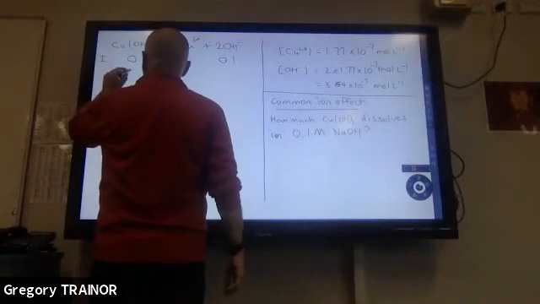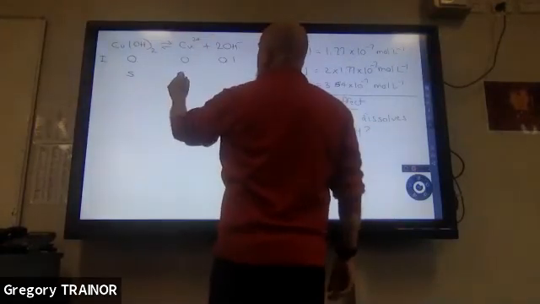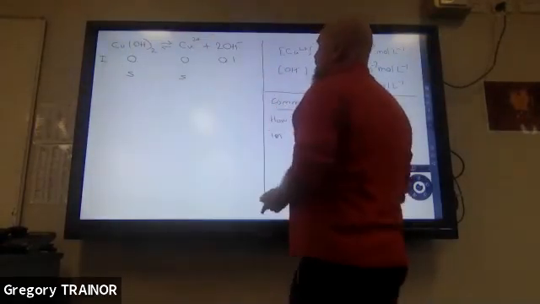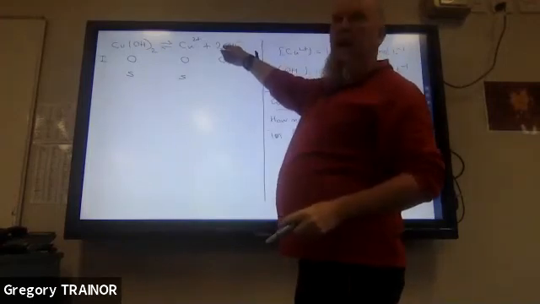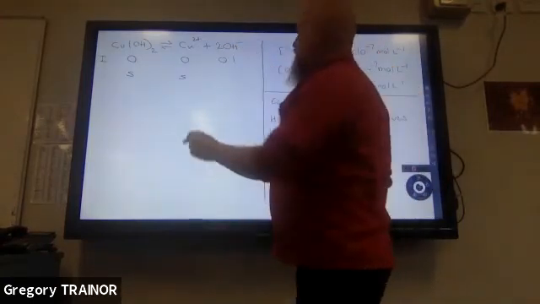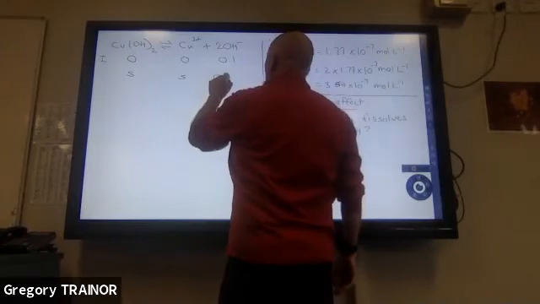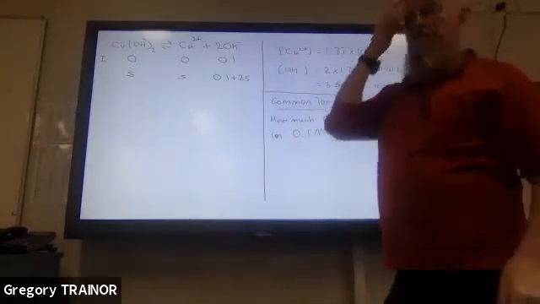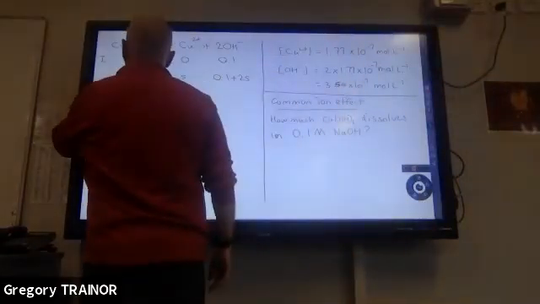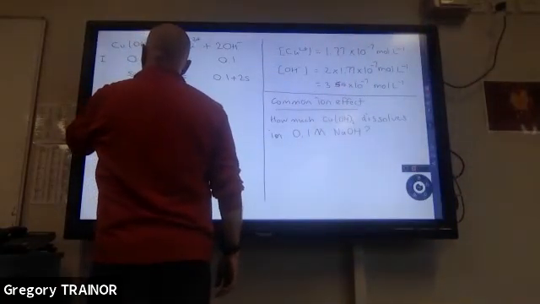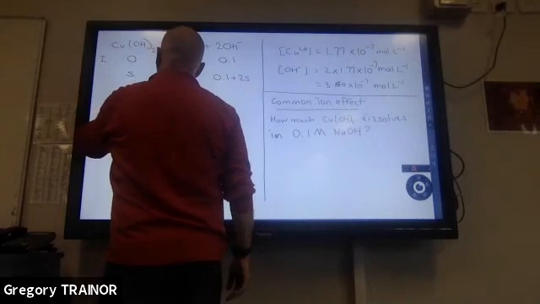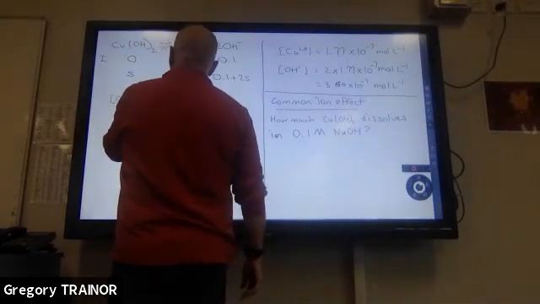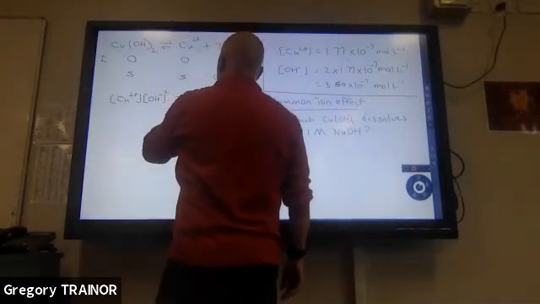All right, so if S moles dissolves, we will get S moles of this. How much of this will we have? We will have 0.1 plus 2S. So now our ionic product becomes Cu2+ times OH- squared equals KSP.